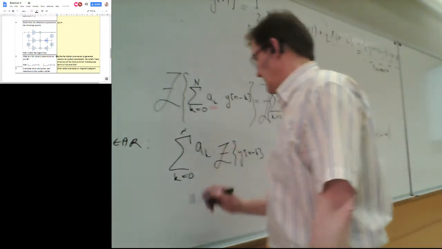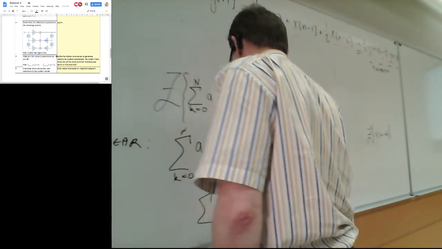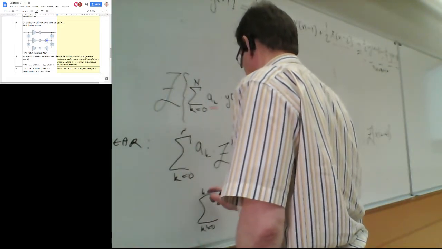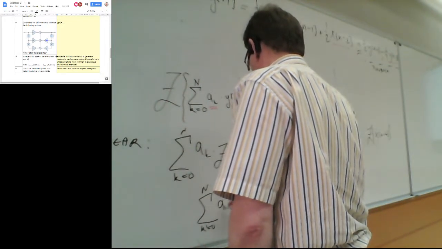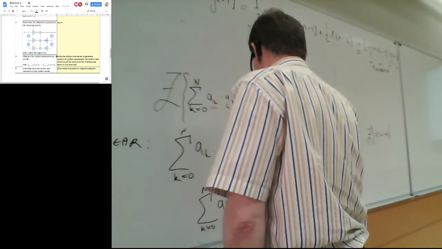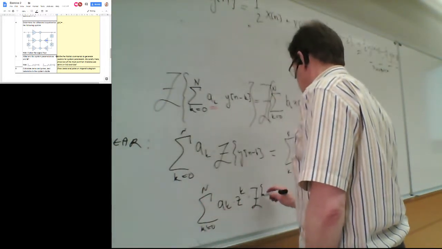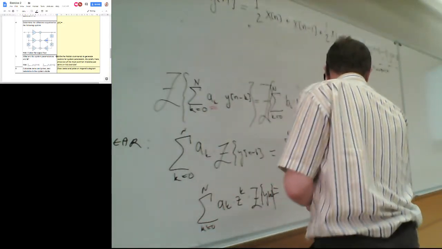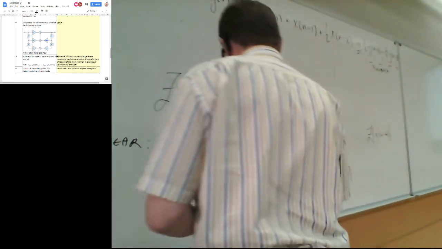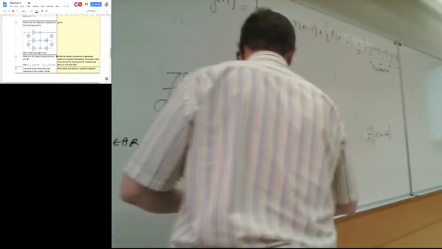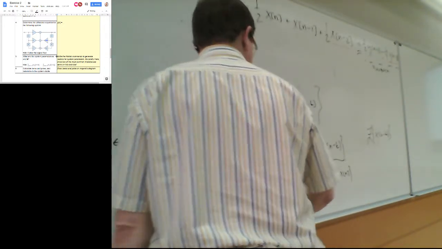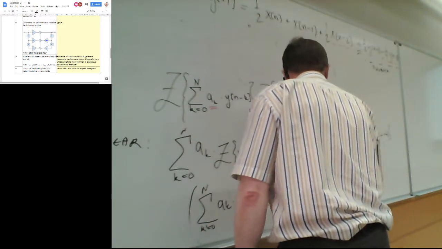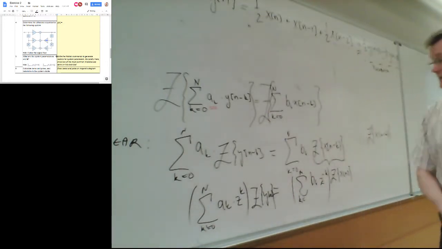Same thing on the left hand side, we still have the sum k from 0 to n, ak times z to the minus k times Z transform of y of n. Okay, and now again linearity, or actually these are the same for every single term. So basically, we have an equation like that.